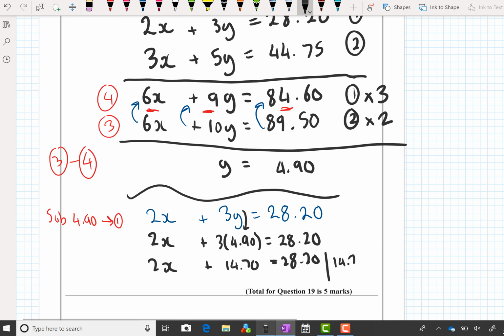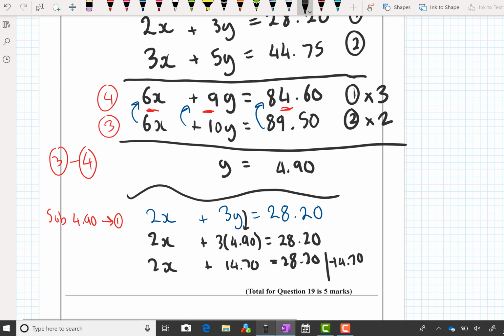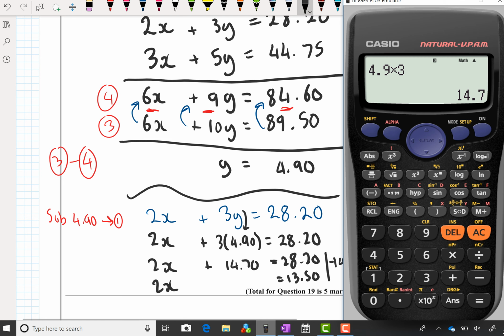Do you know what? I'm checking it. Good. 2x equals £28.20 subtract £14.70, £13.50. I'm checking it again. Good.